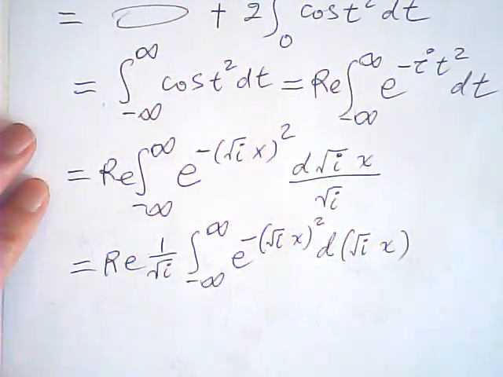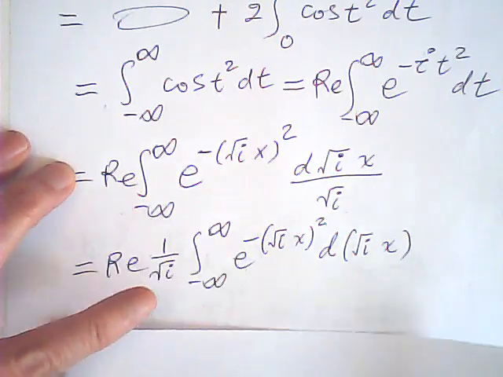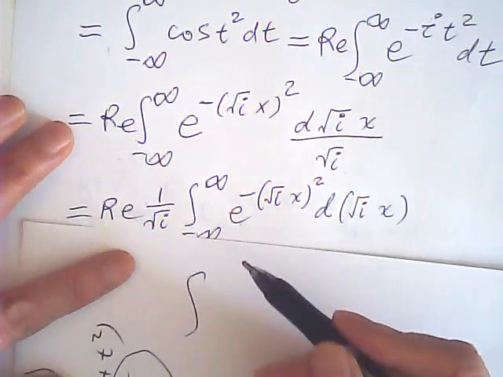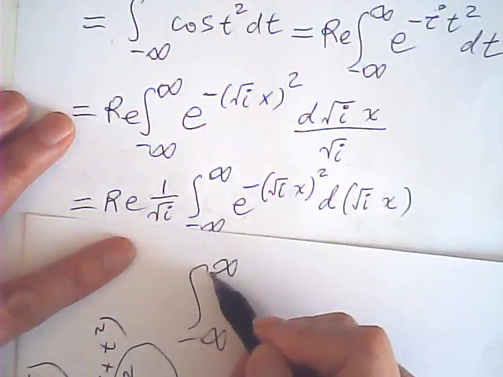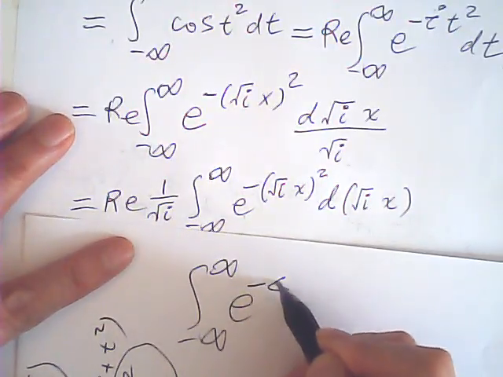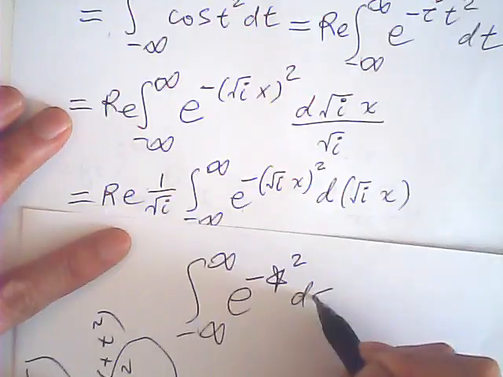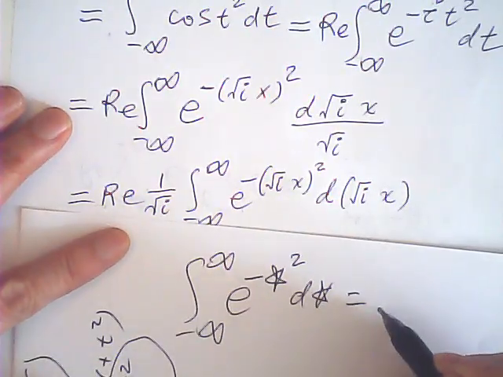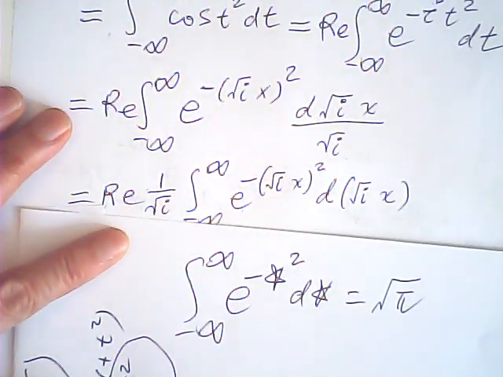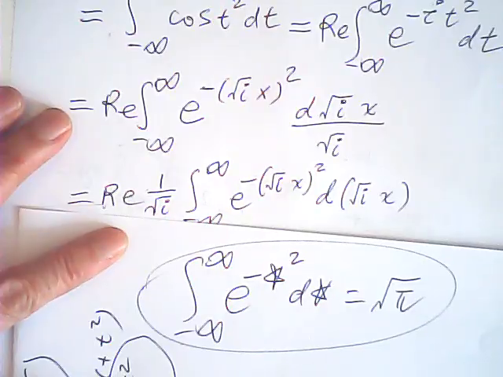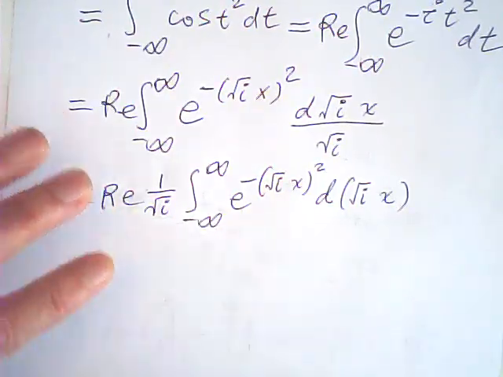So this is the Gaussian integral, right? Exponential negative something squared d something is equal to root pi, right? Root pi, yeah. That is a Gauss integral.